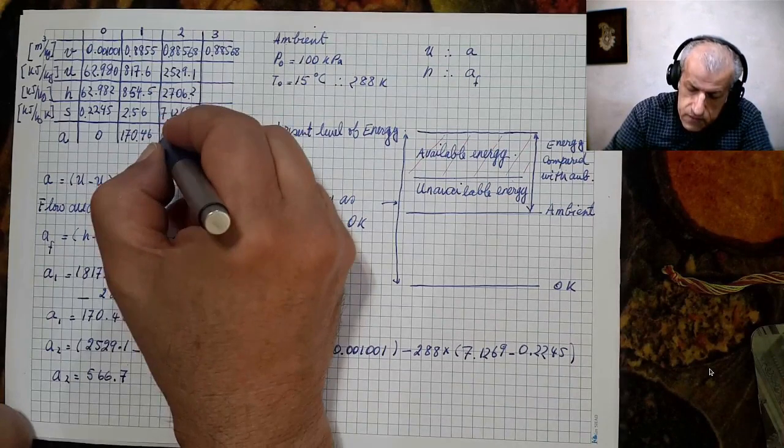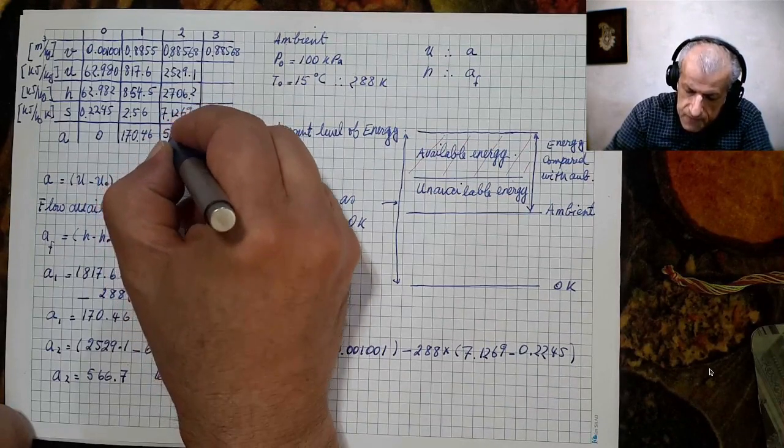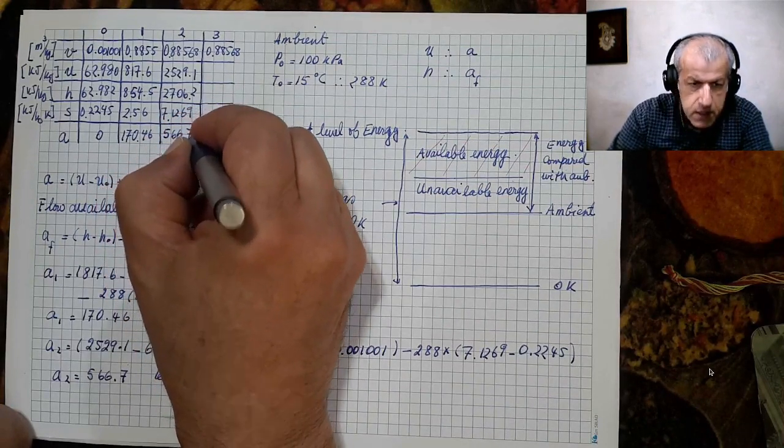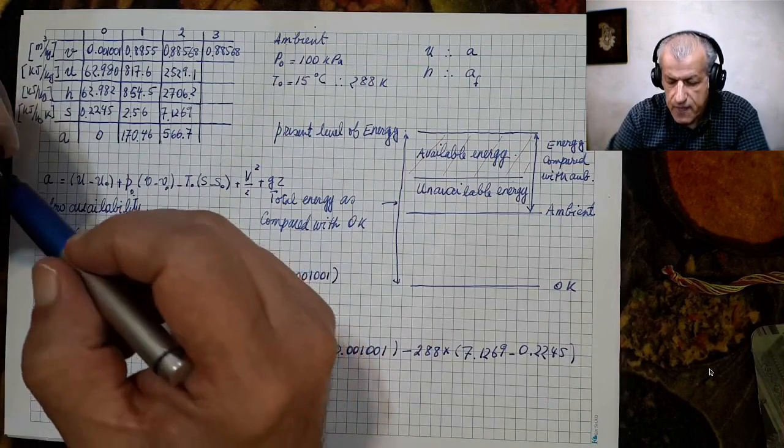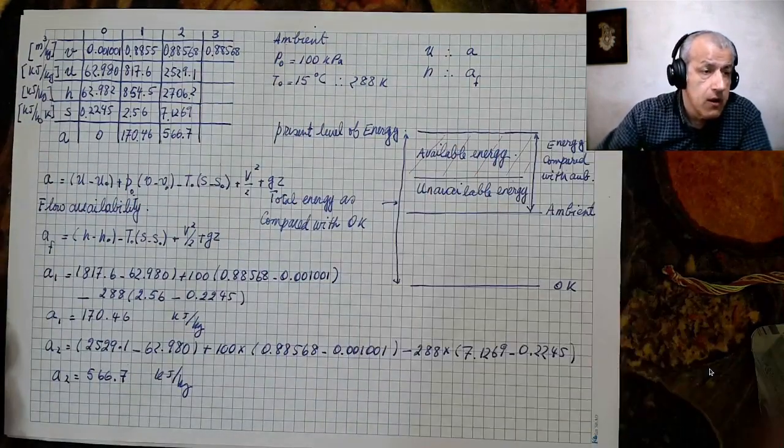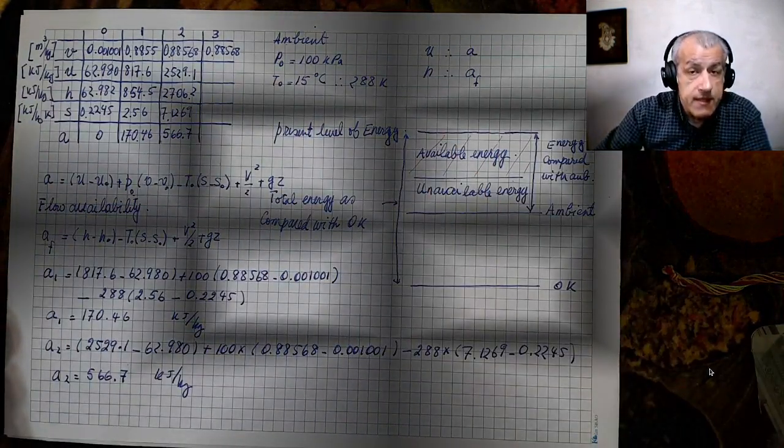So this would be 566.7, which is the availability for the second condition. Now that we have finished calculating all properties, we are in a position to move on to study the processes.